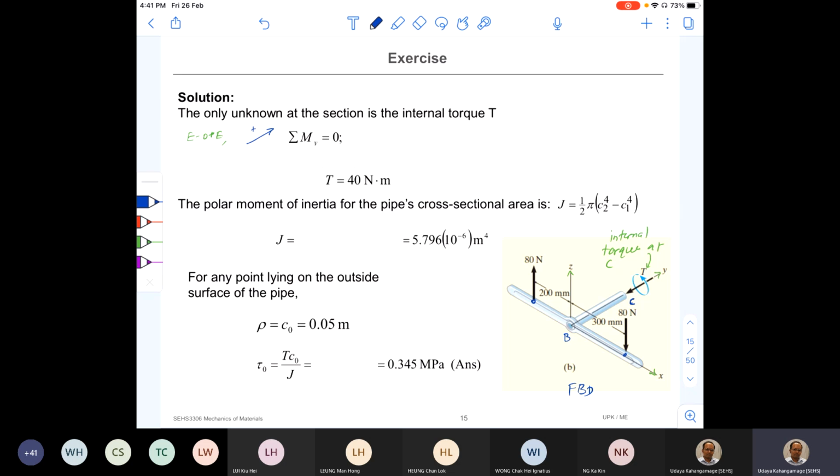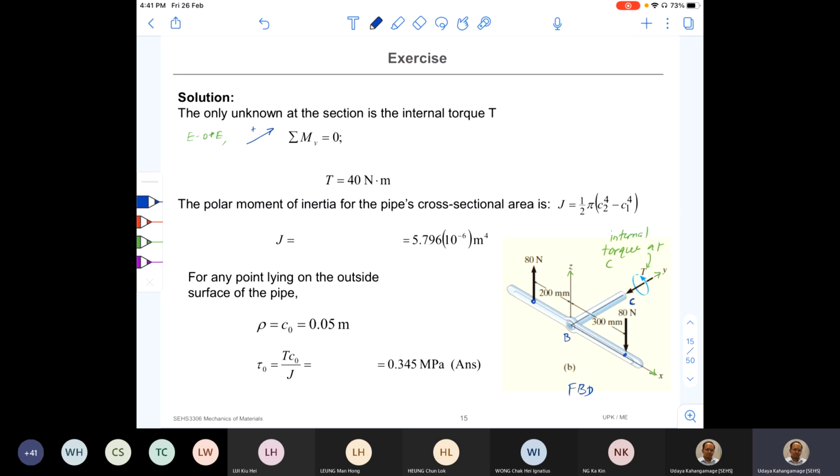Then you understand how to write the moment equation of equilibrium for this kind of situation where there are only torques. Okay, the first thing, we'll take the internal torque T. So tell me whether internal torque T is in the positive direction of y or negative direction of y.